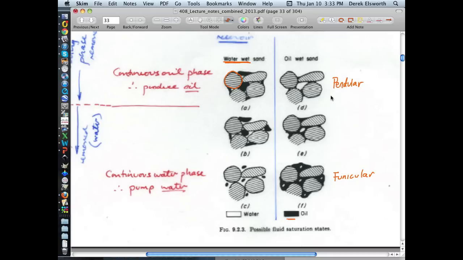Pendular saturation means that you have a pendant of water in this particular case. If you look at the shape of this water, it's almost like a donut, right?